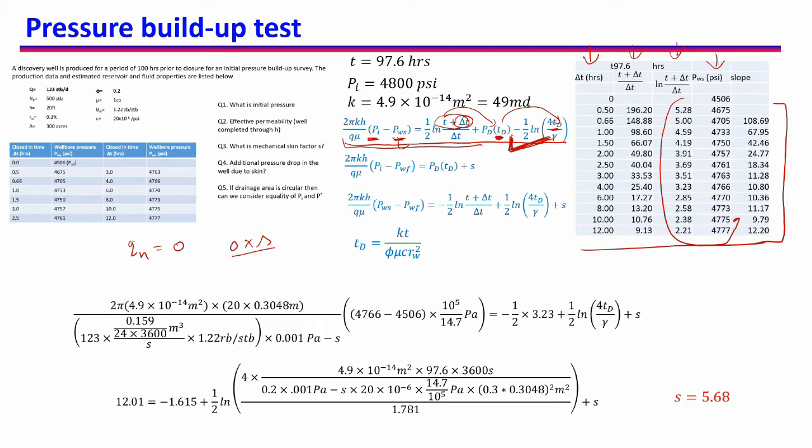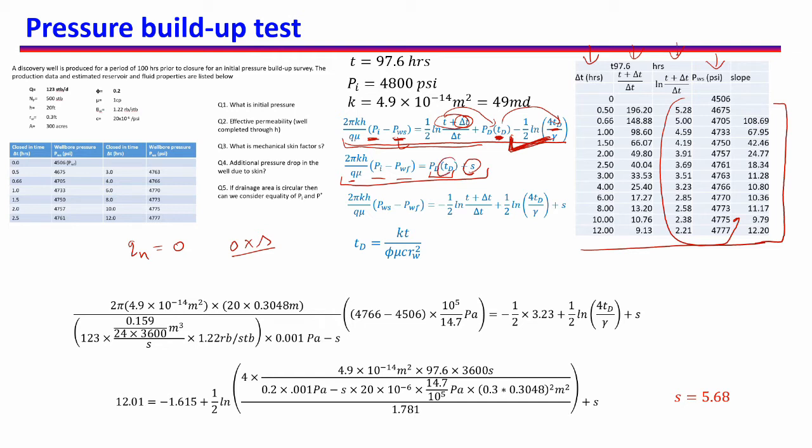Just at the shut-in or just before the shut-in, this equation was valid. So that means Pi minus PWS was given by PDTD plus some skin factor, because the well was flowing then at a flow rate of Q. So we had a skin that was decreasing the pressure at the well.